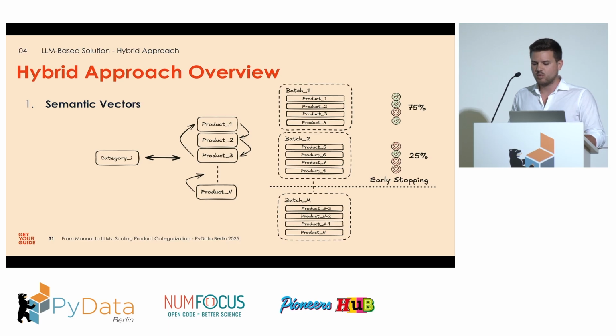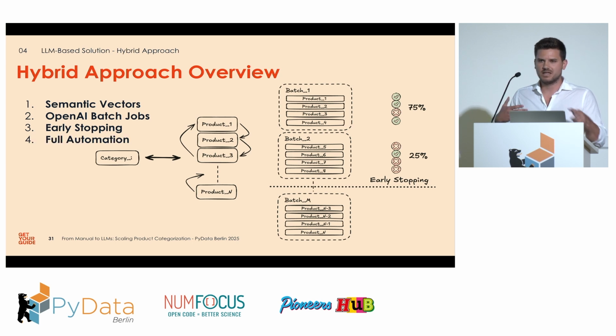Then at the third step, we implement a custom early stopping that would stop at certain points during the batches. And finally, we automate everything together, making sure that everything runs, also handling errors and problems during this workflow. Now I'll go into more detail on every step, so it should be a little bit clearer.